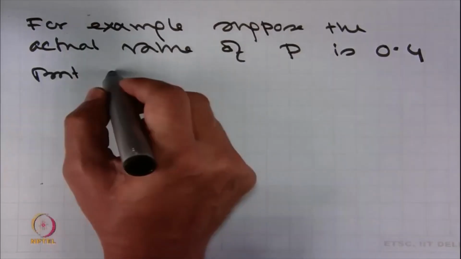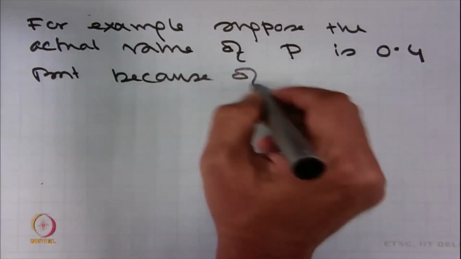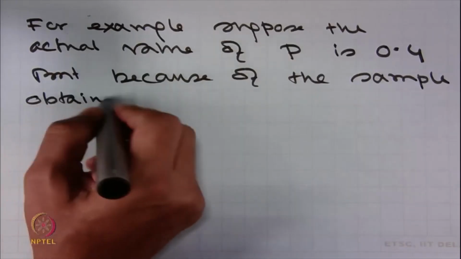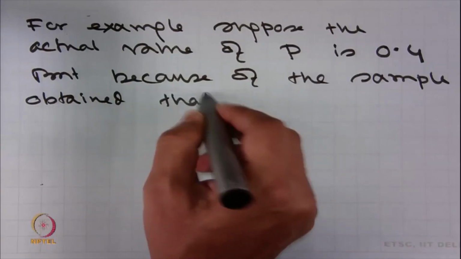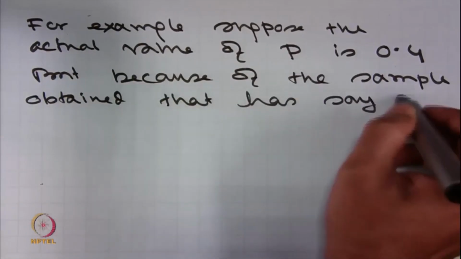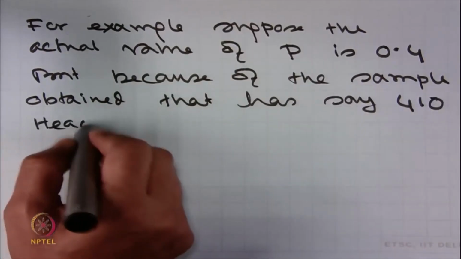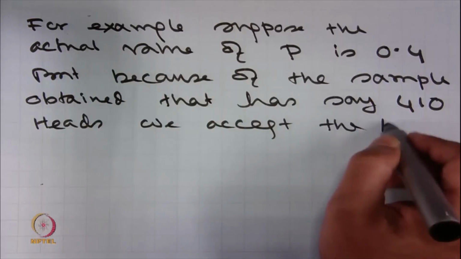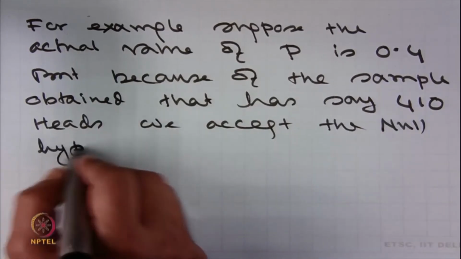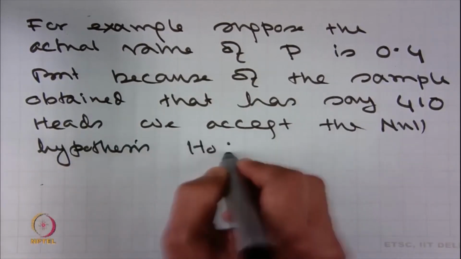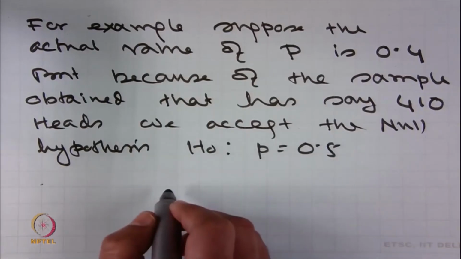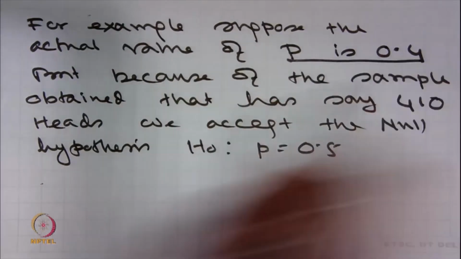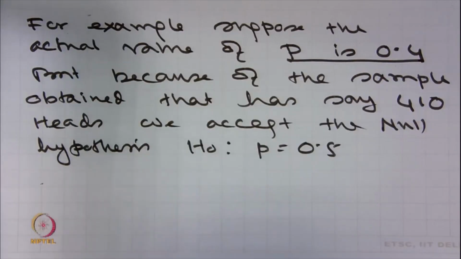But because of the sample obtained that has, say, 410 heads, we accept the null hypothesis H naught, p is equal to 0.5, because that is our acceptance and rejection criterion, although the null hypothesis is false.